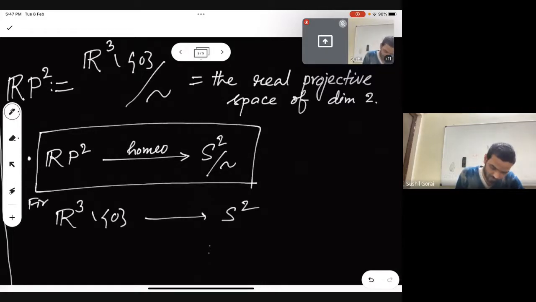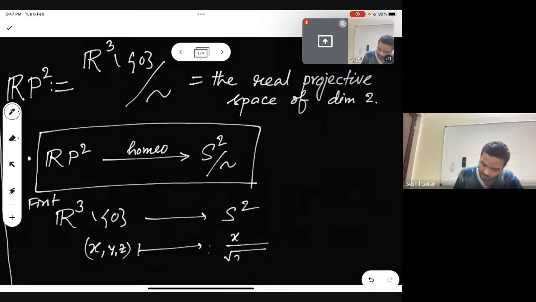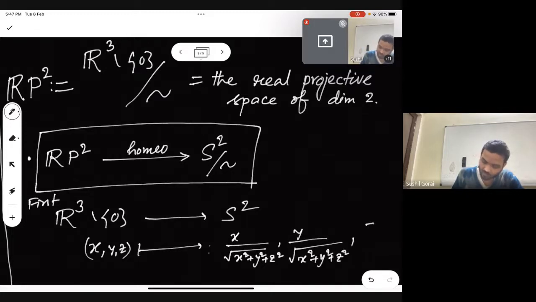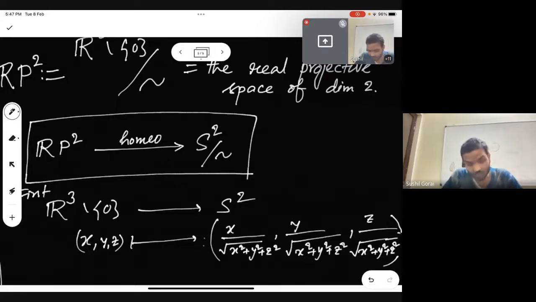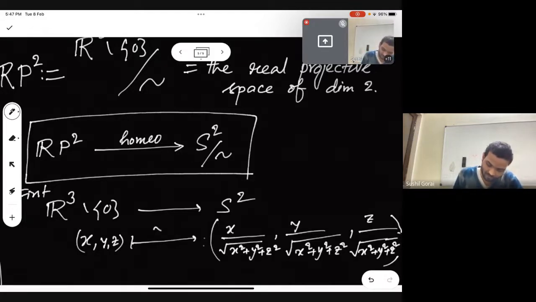So X, Y, Z goes to X by X square plus Y square plus Z square, Y by X square plus Y square plus Z square, comma Z by X square plus Y square plus Z square. This is an onto map. Let's call it psi.